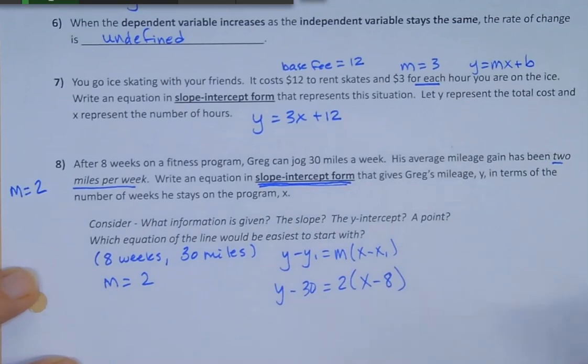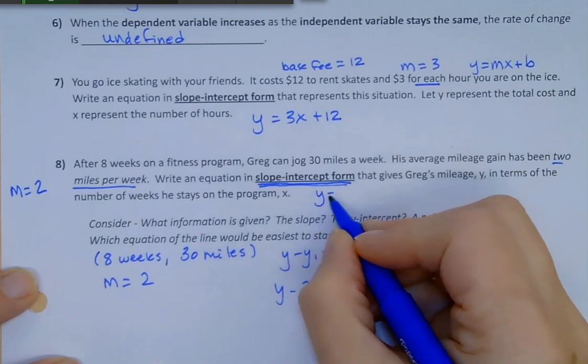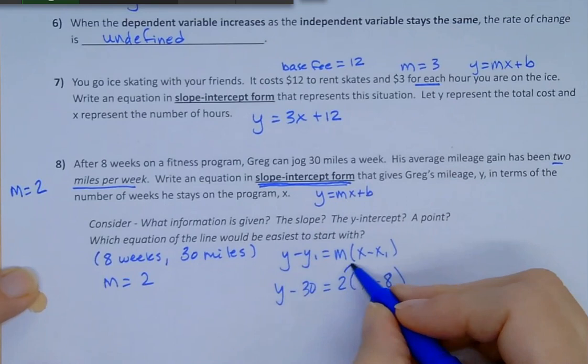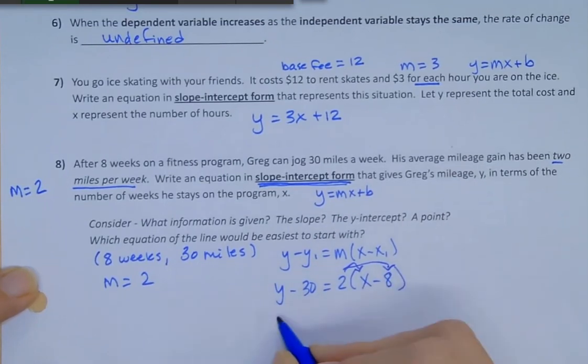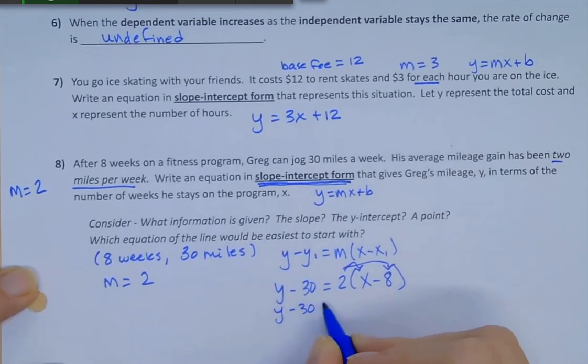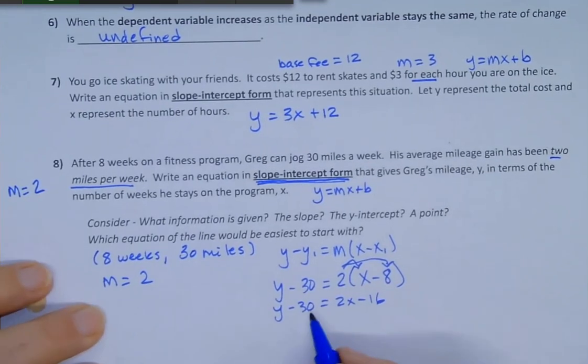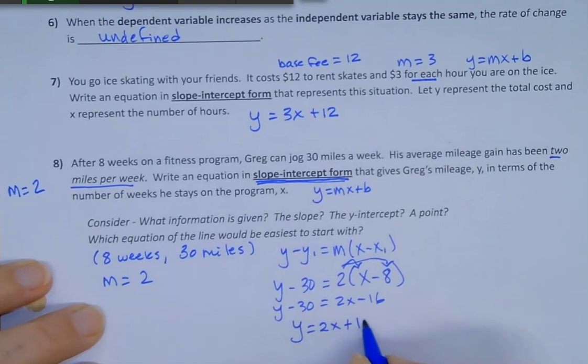That's basically solving for y. Remember, we want y equals mx plus b format. So I'm just going to simplify and solve for y. I start by saying y minus 30 equals 2x minus 16. I'm going to add 30 to each side, so I have y equals 2x plus 14, and that's my answer.